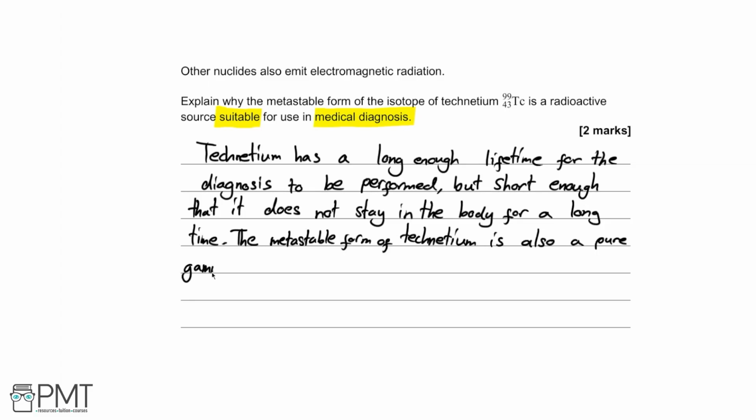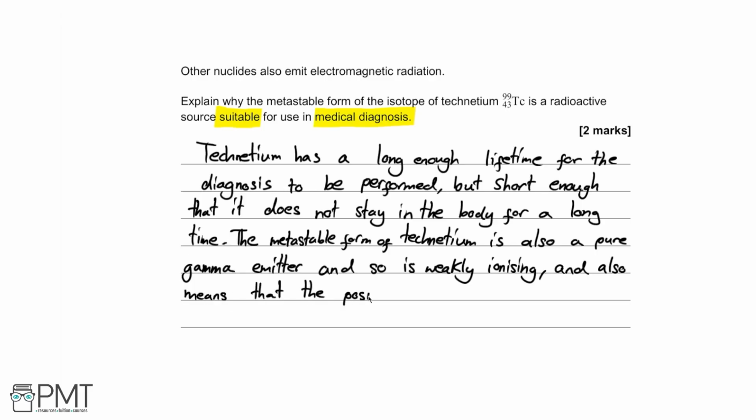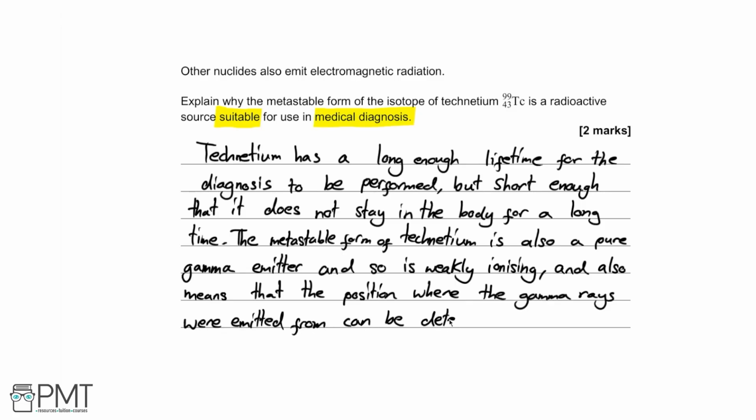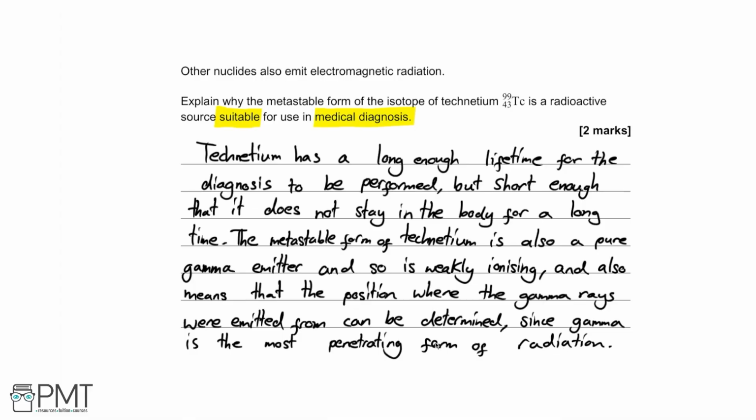We can also use that it's a gamma emitter only, which means that it doesn't produce the very ionizing alpha or beta radiation, and also this means that the gamma radiation can leave the body and be detected, allowing the position of the technetium to be determined. This allows it to be used as a medical tracer.